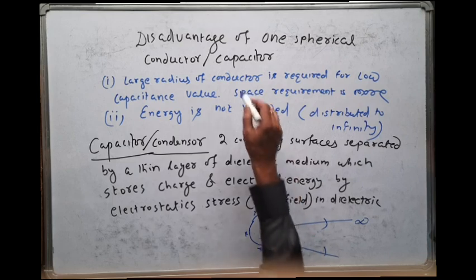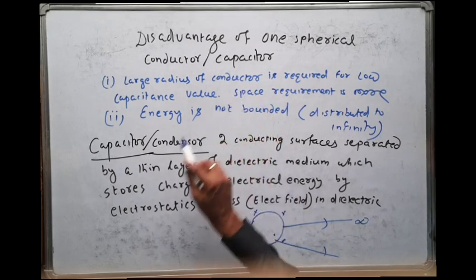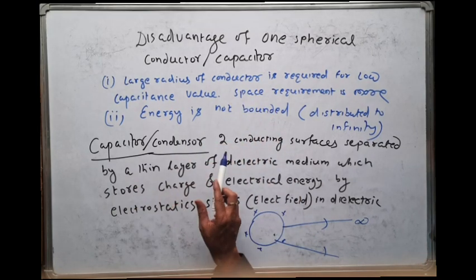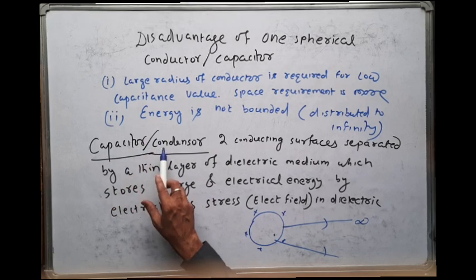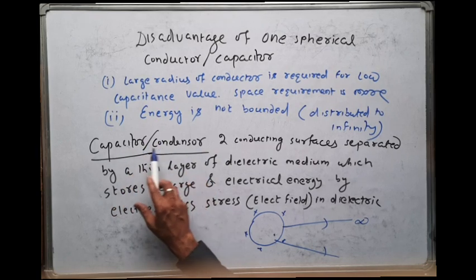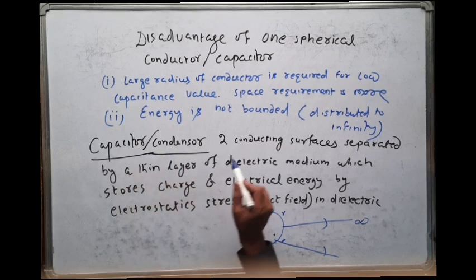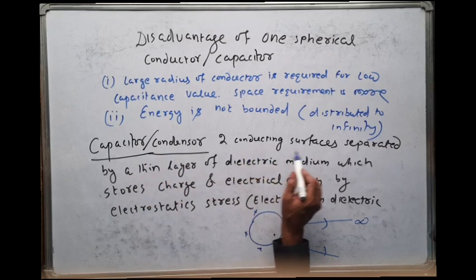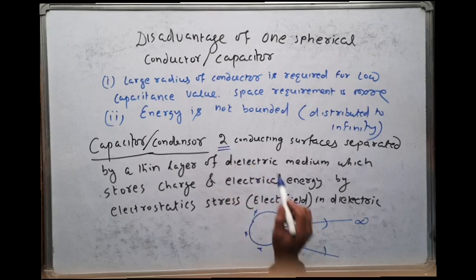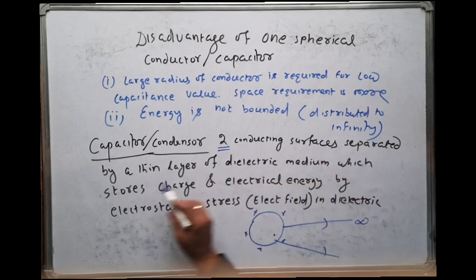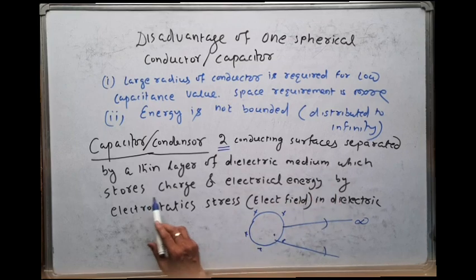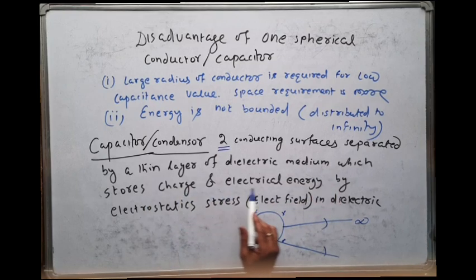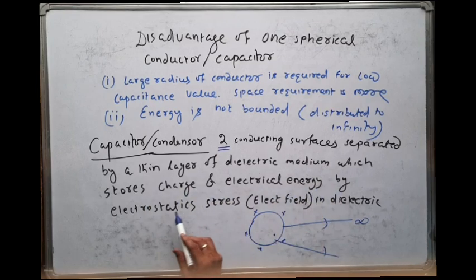To overcome these disadvantages, we have to take a special arrangement. That special arrangement is called a capacitor, which is also called a condenser. In this condenser or capacitor, instead of one conductor, we take two conducting surfaces separated by a thin layer of dielectric medium, which stores charge and electric energy by the electrostatic stress in the dielectric.